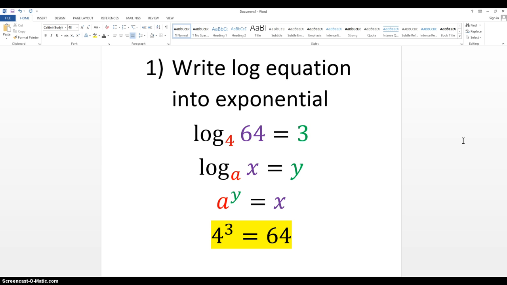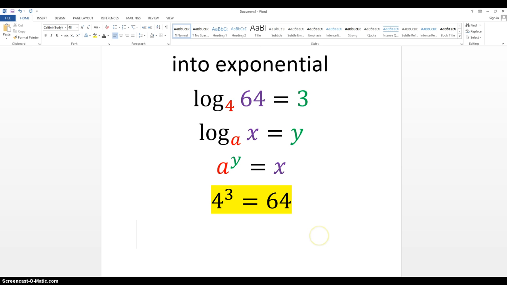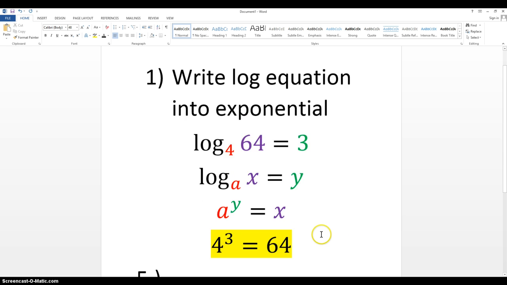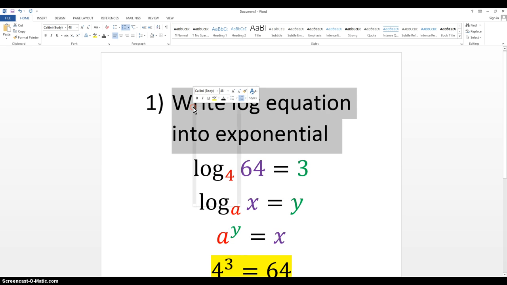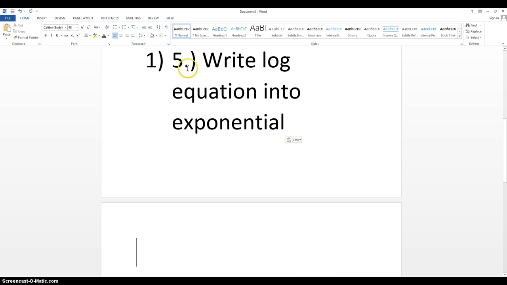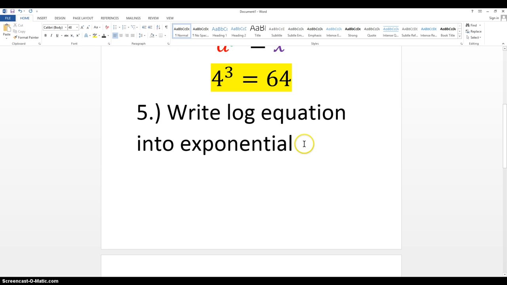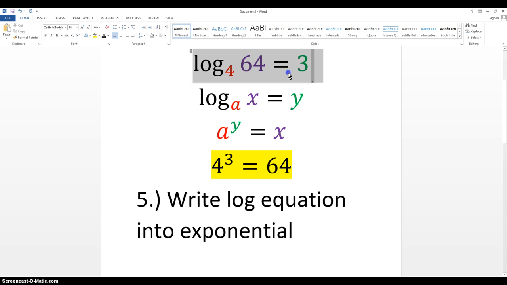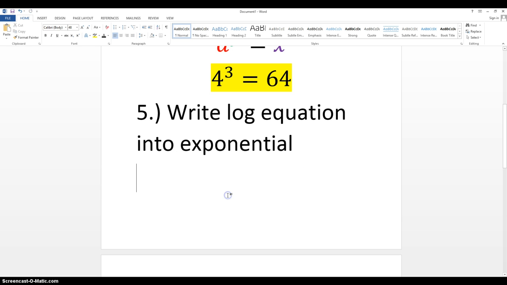Okay, let's look at number 5. Number 5 is the exact same instructions. So write log equation into exponential, and we have, let me go ahead and copy and paste this one.